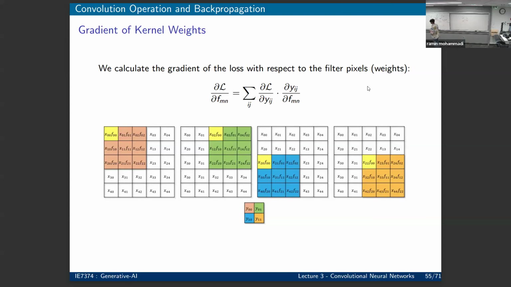So one thing we could do here is that if we pick y00, y01, and those four values that we have, we dilate them, adding some dimension in between. This is the dilation.